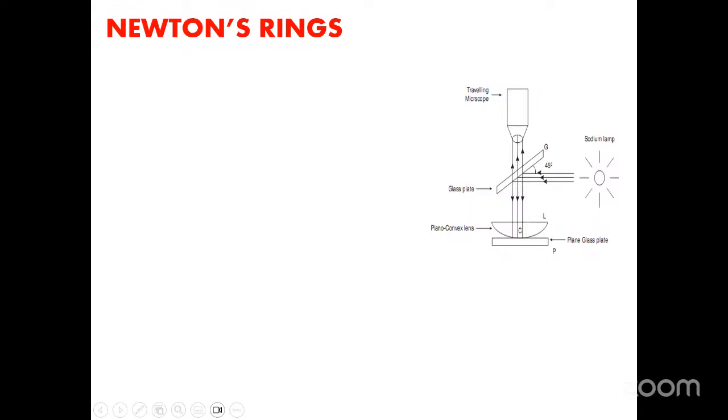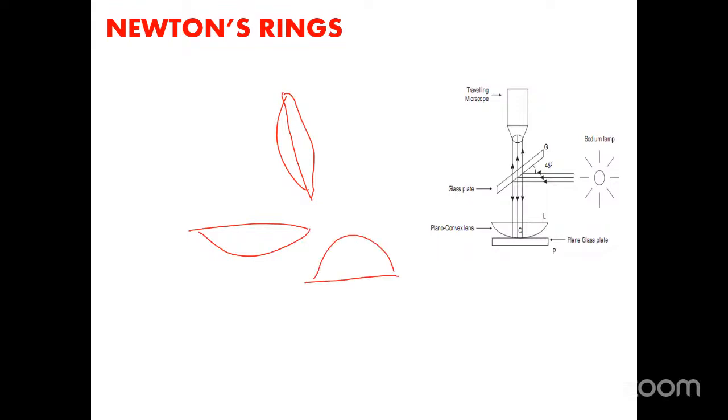What do you mean by plano convex lens? Convex lens means the shape should be like this. If you cut this, getting my point? This is the convex lens. This is plano.